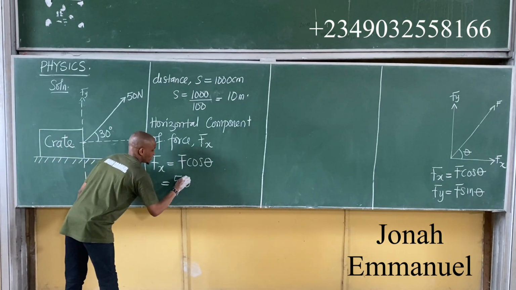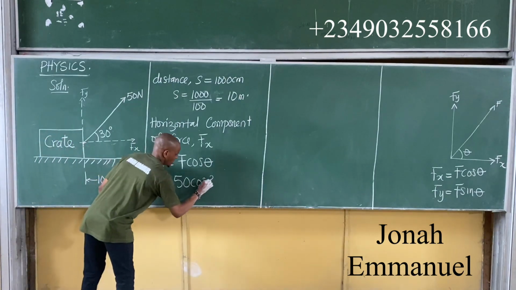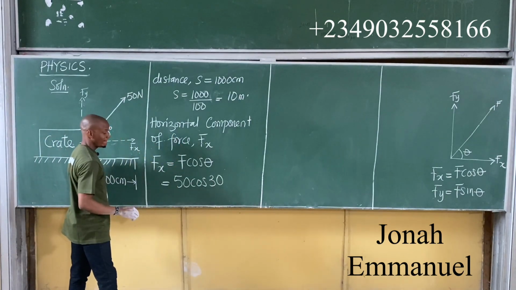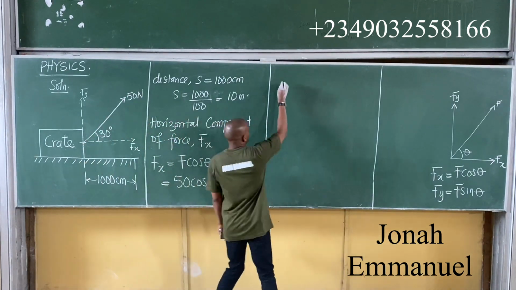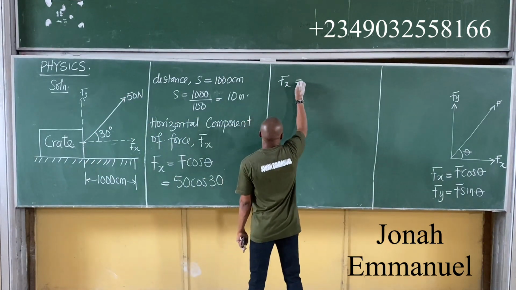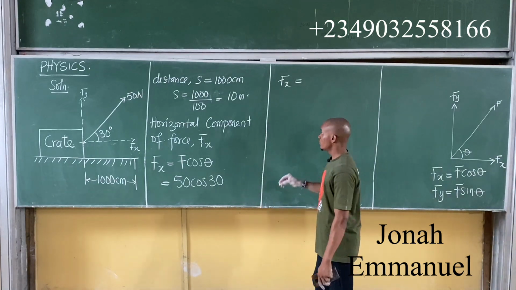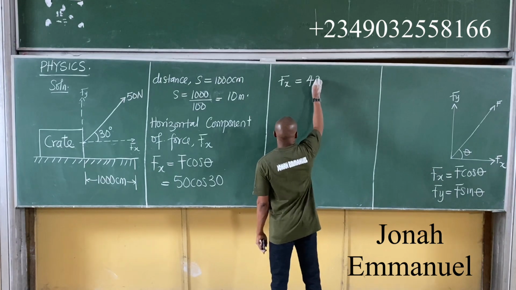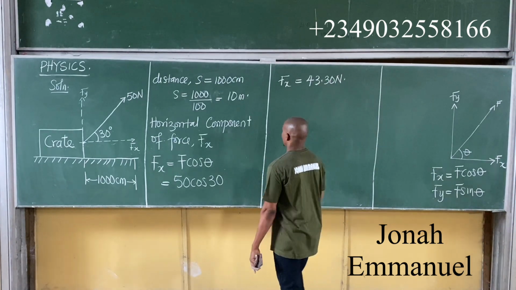So 50 cos of the angle of inclination, 30. So Fx is equal to what? Talk to me now, what do you guys say? 43.30 newton.